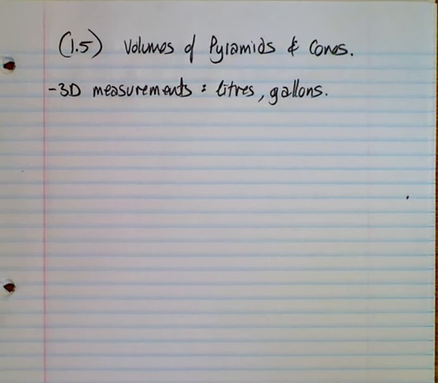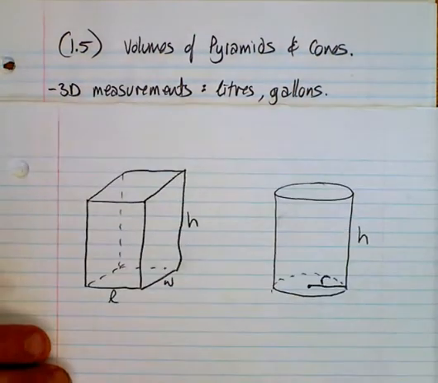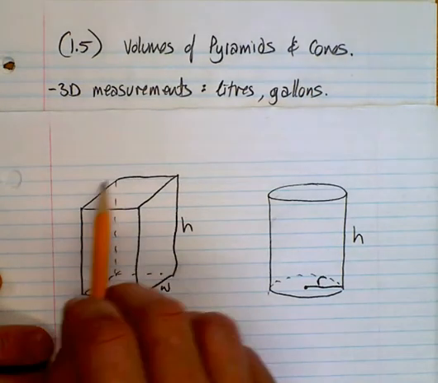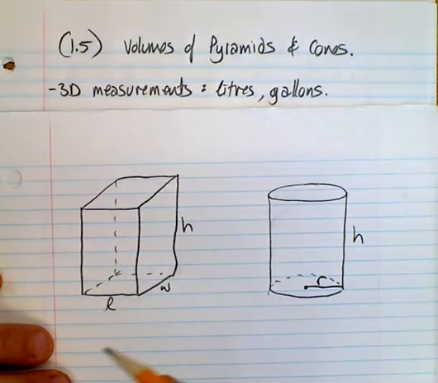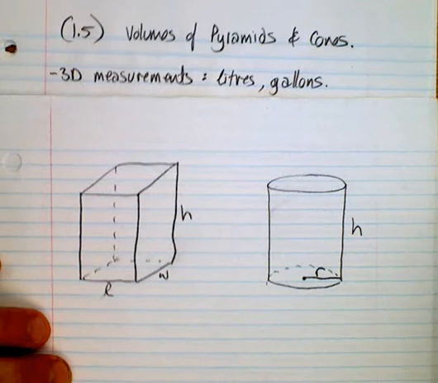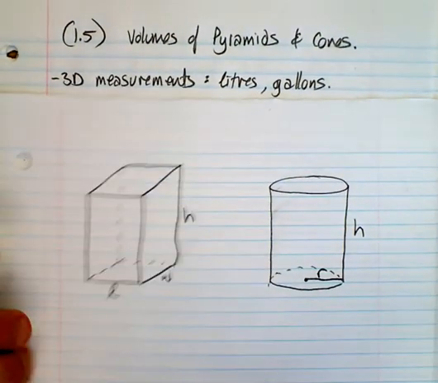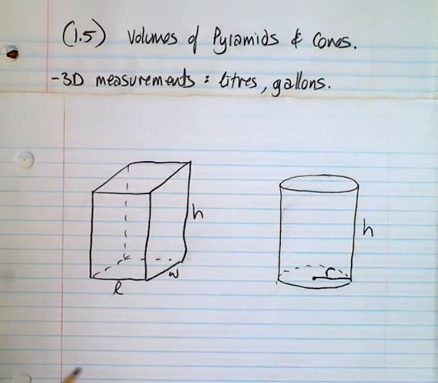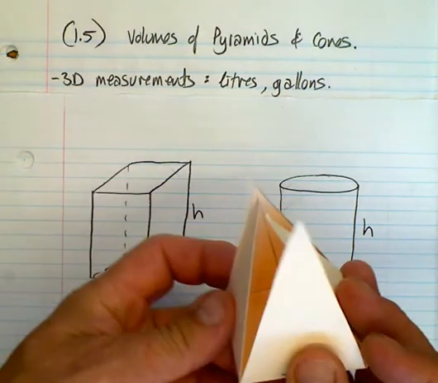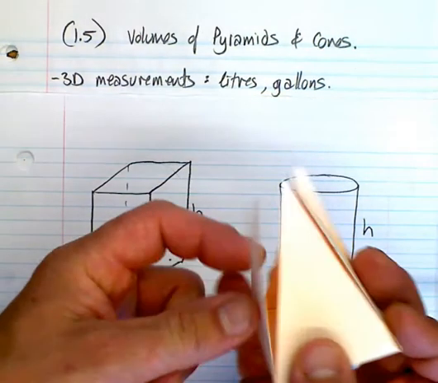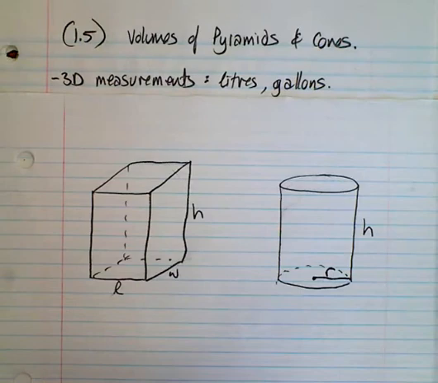So we are looking at volumes. I'm going to show you a couple pictures here. Some of you might recognize this as a box, and the box has a volume in it. We are not looking at boxes, but we are looking at what we call pyramids. You might be able to see the relationship between this pyramid and this rectangular prism.